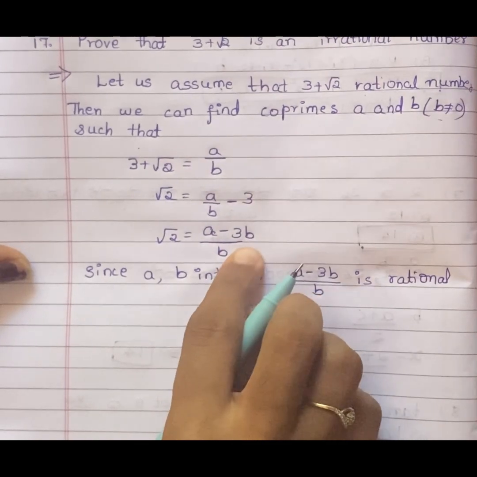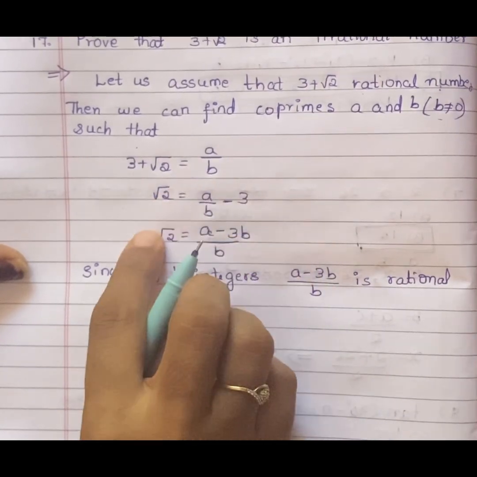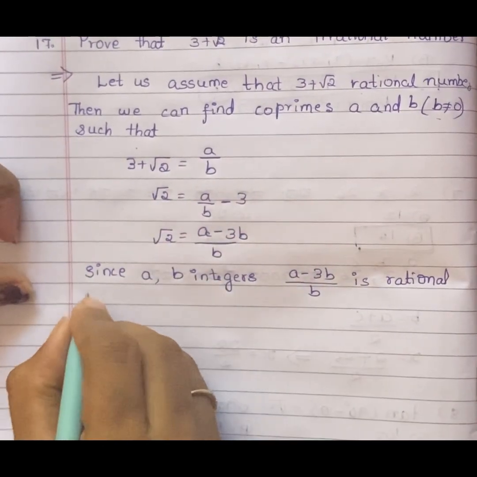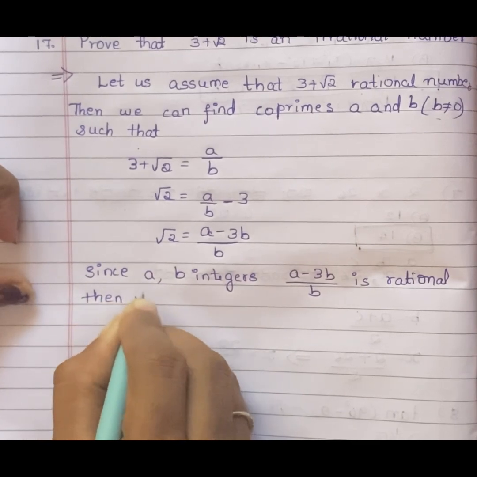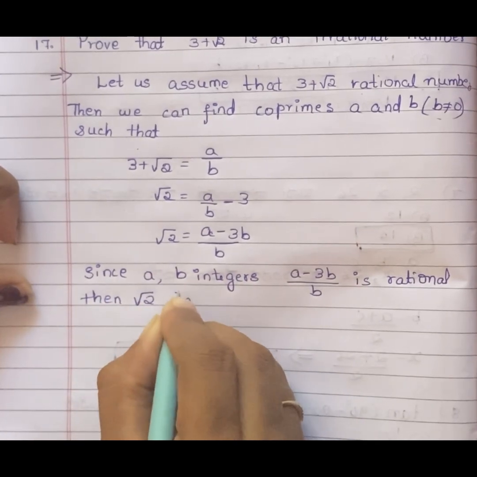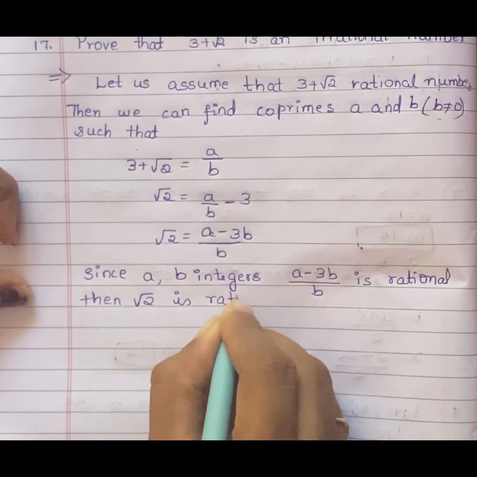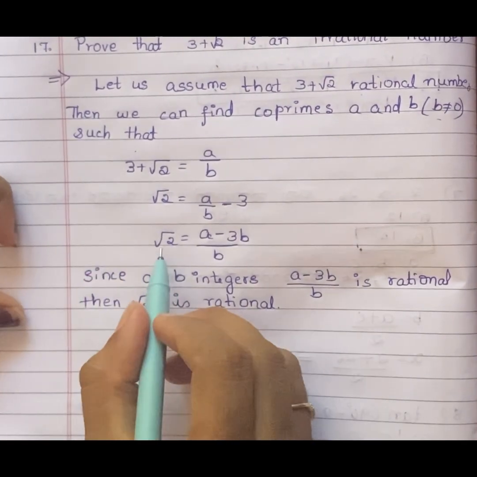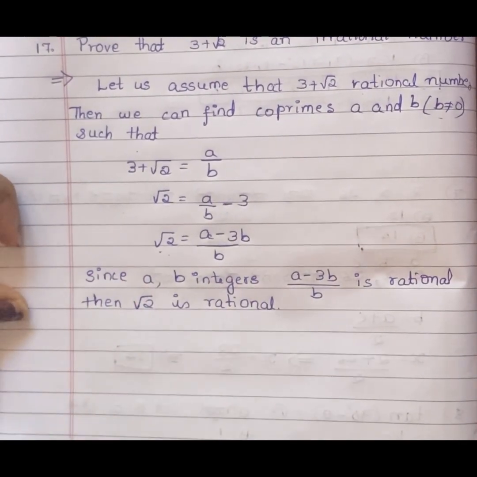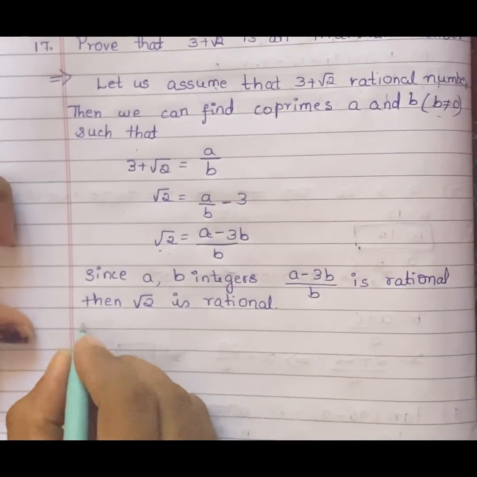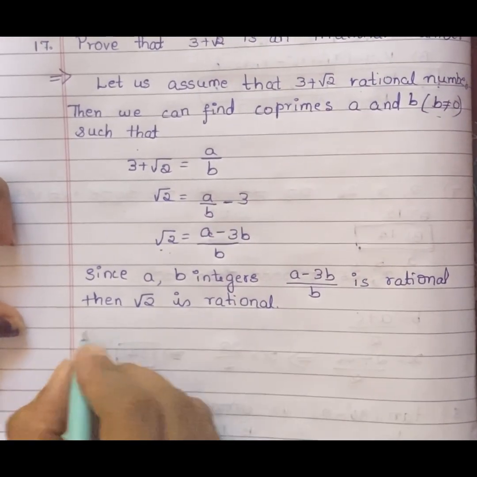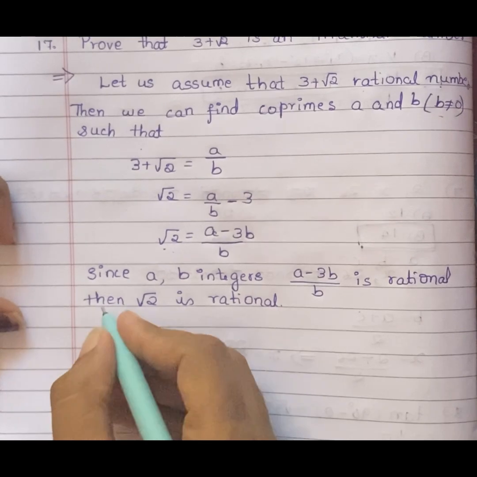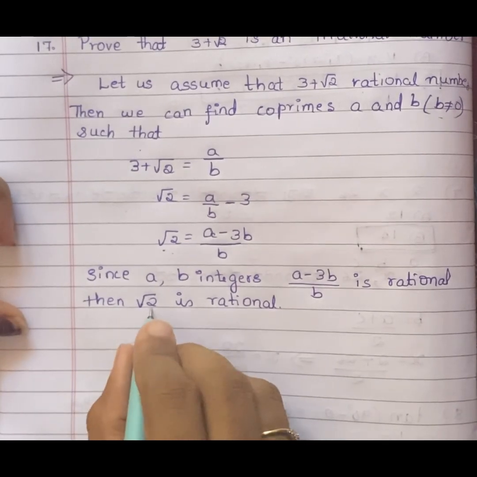So if this is rational, then obviously root 2 becomes rational. Then root 2 is also rational. But however we know that root 2 is an irrational number. So this statement contradicts the fact.